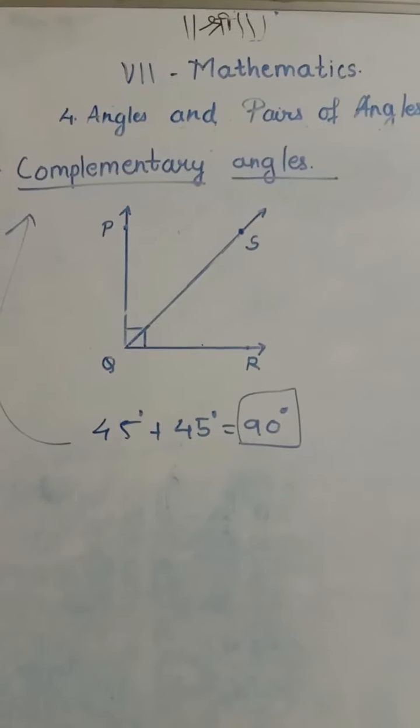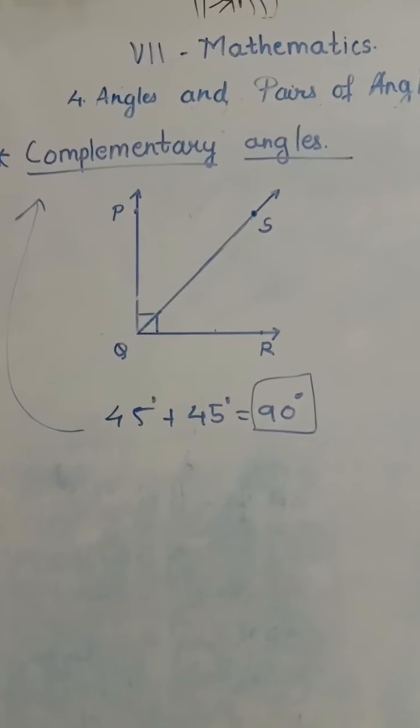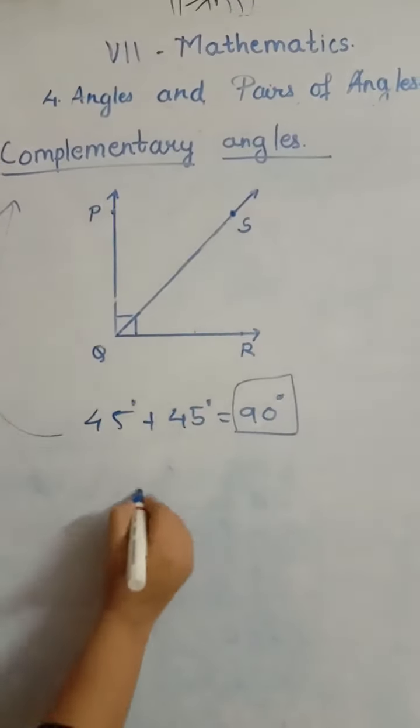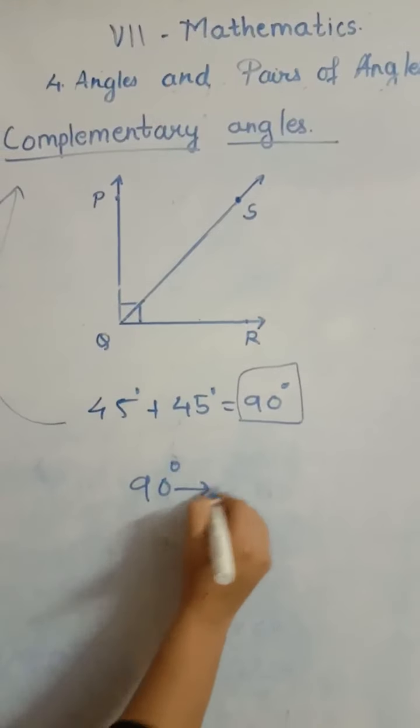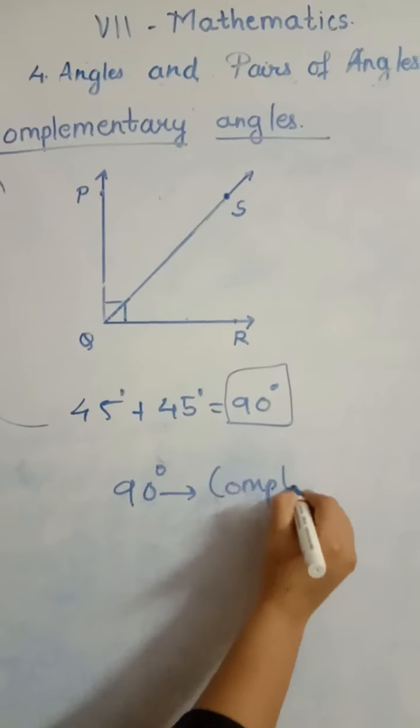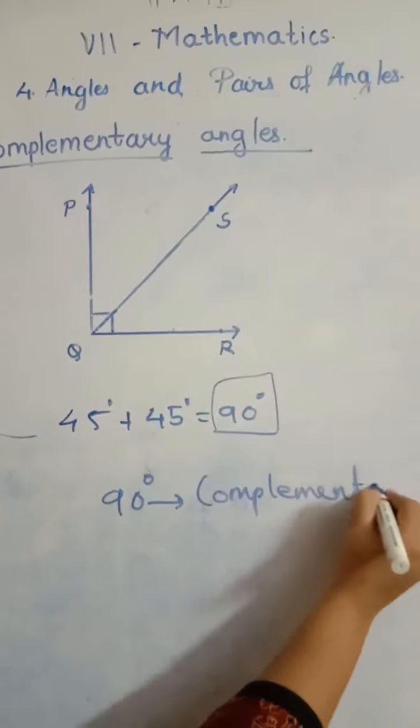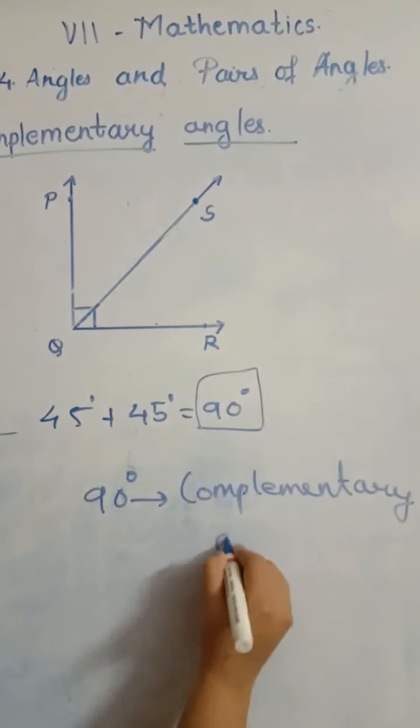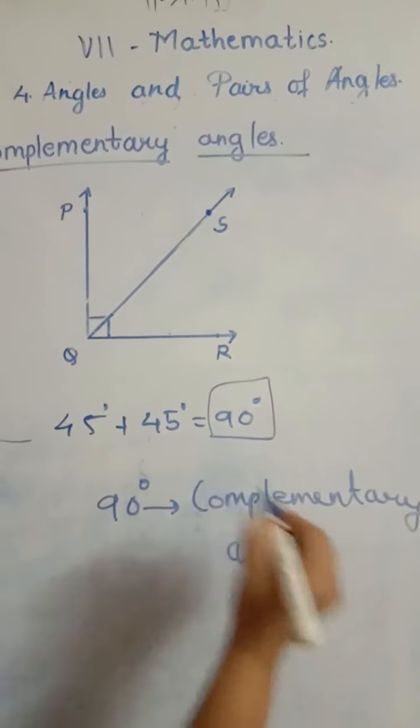Okay. So if the sum of the measures of the two angles is 90 degree, then such angles are called complementary angles. You have to learn this spelling also.